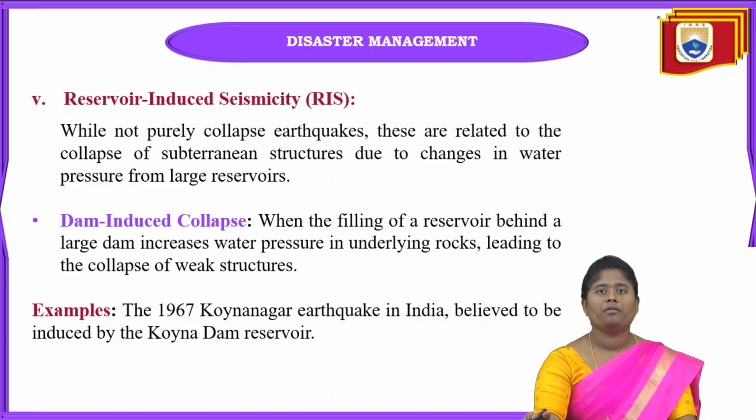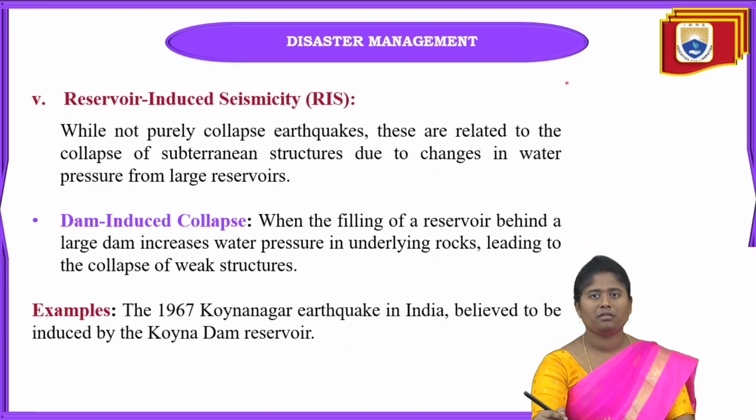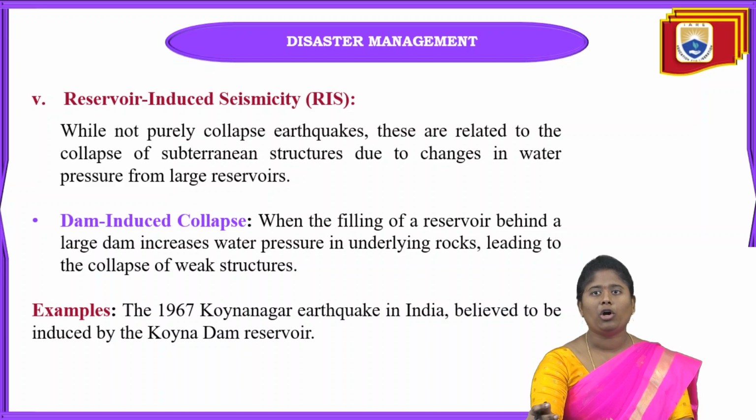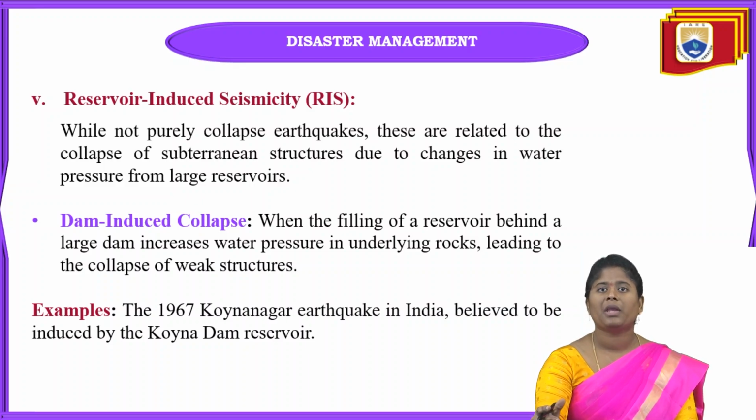The first type of this earthquake is dam induced collapse. In this one, when the filling of the reservoir behind a large dam increases, the water pressure on the underlying areas increases, which leads to the collapse of weak structures like reservoirs.